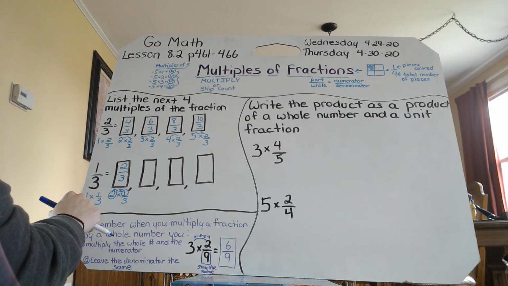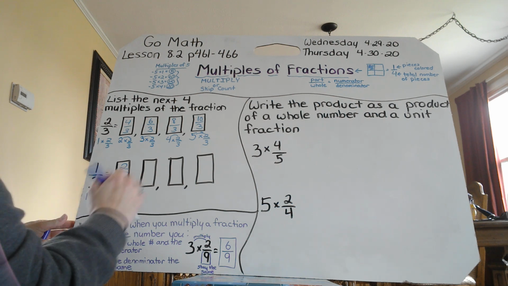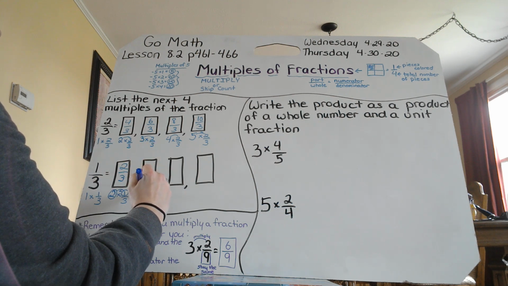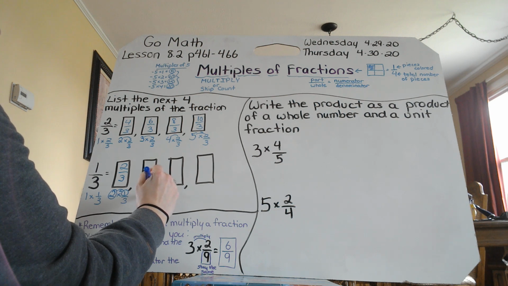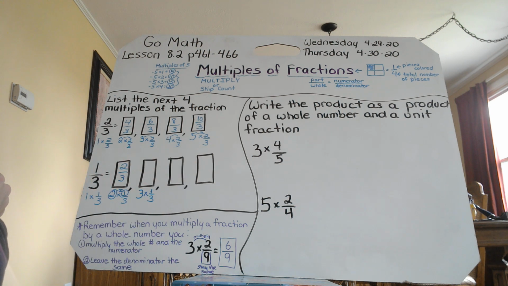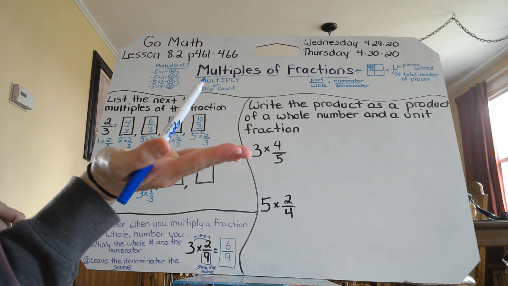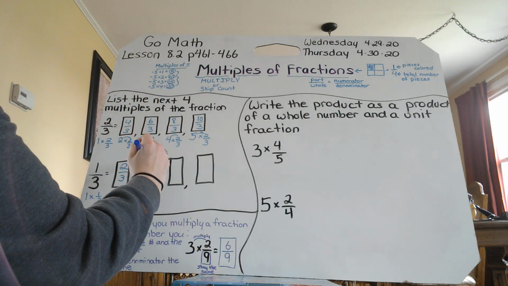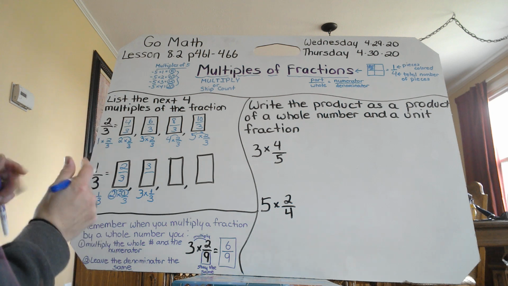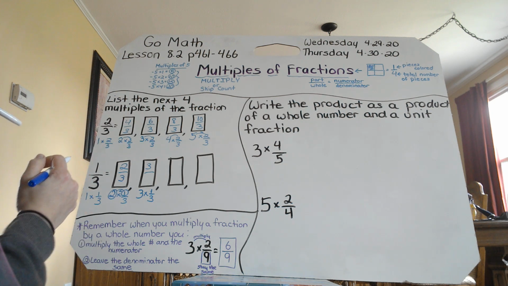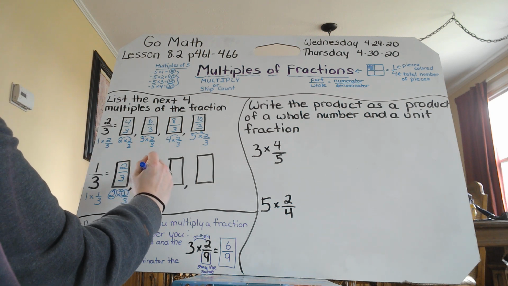Okay, 1 times 1/3, 2 times 1/3, 3 times 1/3. So 3 times 1 is, yep, it's 3 over my denominator of 3.